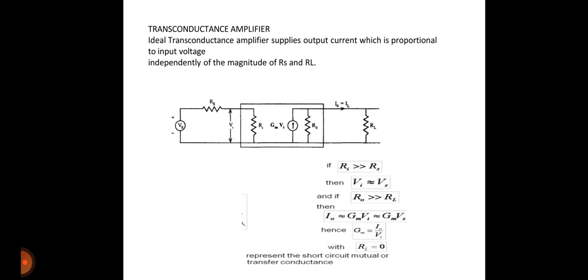From the input side, in the place of Vi, we will substitute Vs. Gm is nothing but the proportionality constant, which does not depend on the magnitude of Rs and RL. So we can say the output current is proportional to the signal voltage, where Gm represents the short circuit transconductance, or we can say transfer conductance.